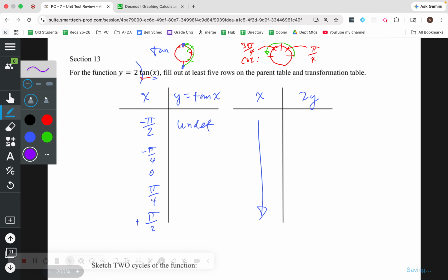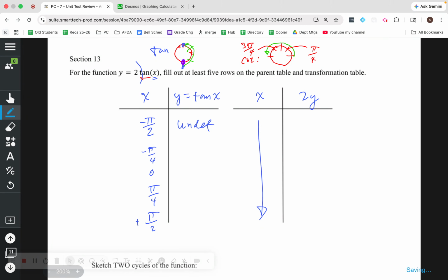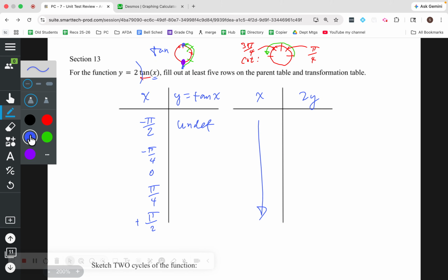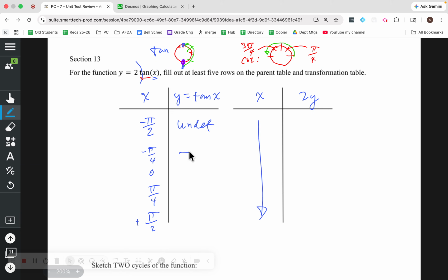You need to know that. Right here, tan is undefined. At negative pi over 4, value is -1. At 0, it's 0. Pi over 4, value is 1. And then when you're up at pi over 2 it's undefined. Okay, so when you take 2 times something undefined, it's still undefined. That becomes -2. That stays 0. That's 2. This stays undefined.